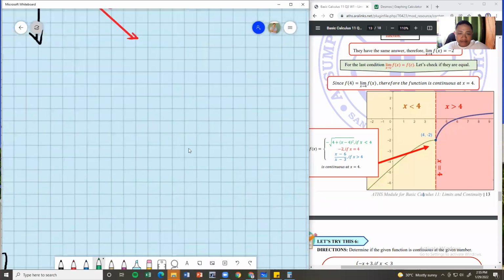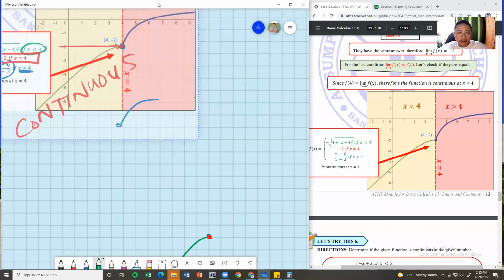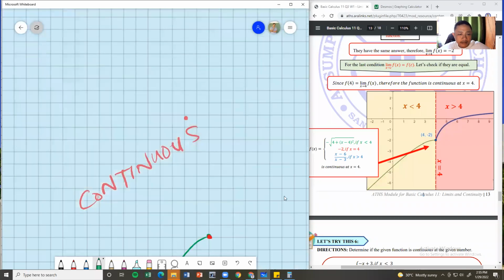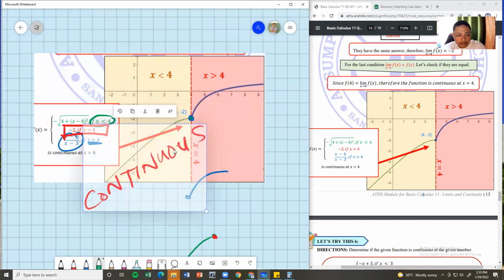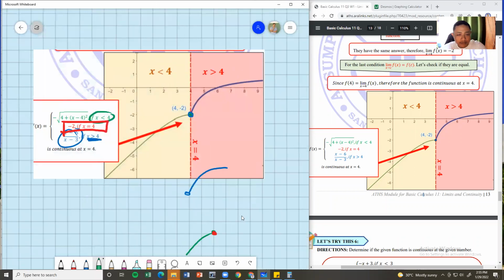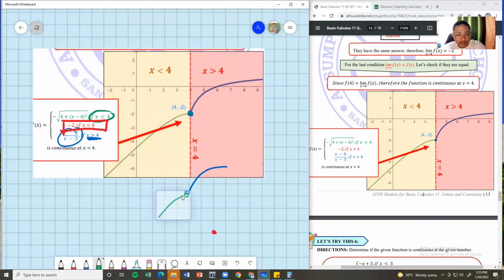Going back to our graph, removing this red thing, imagine the continuity of our graph.